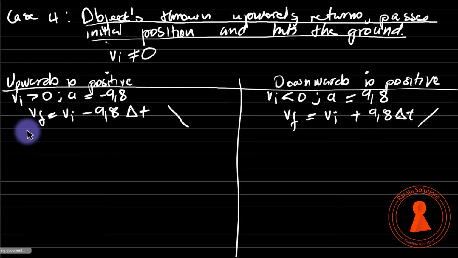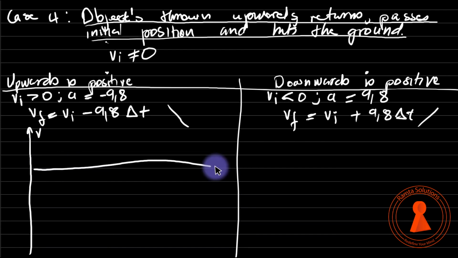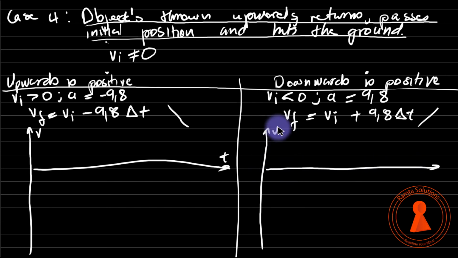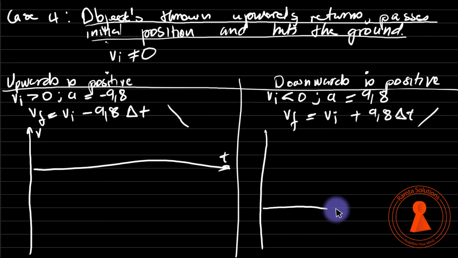Now check this one out. V-axis, t-axis. Oh no, let me not do it like this. It must be something like this. So initial velocity is positive.